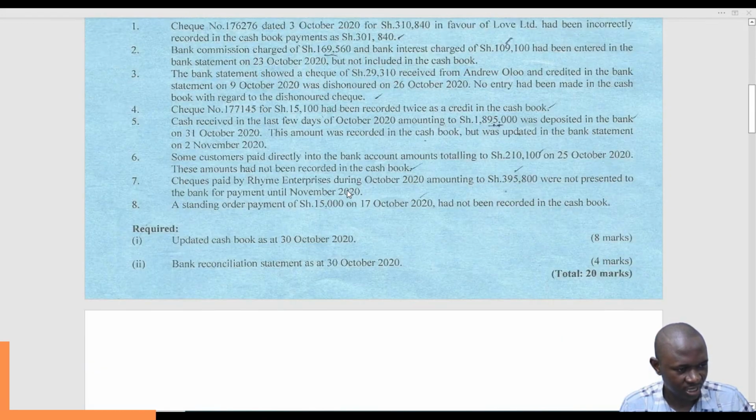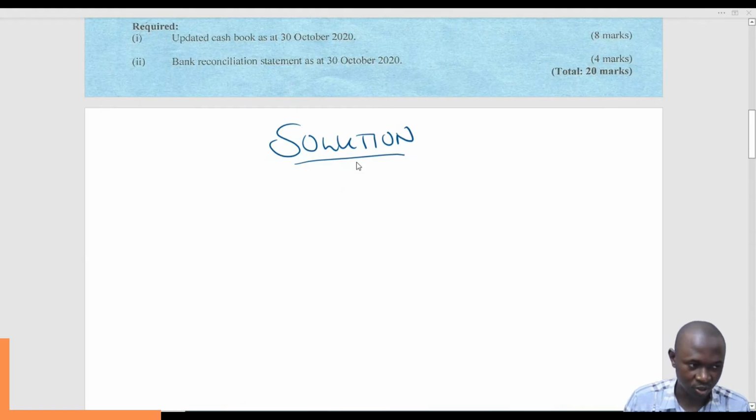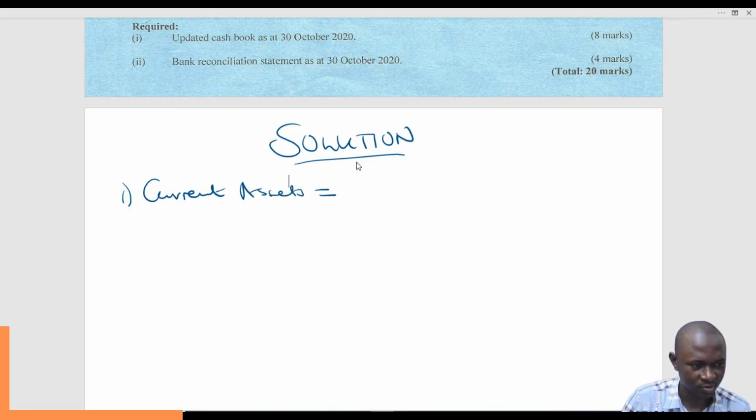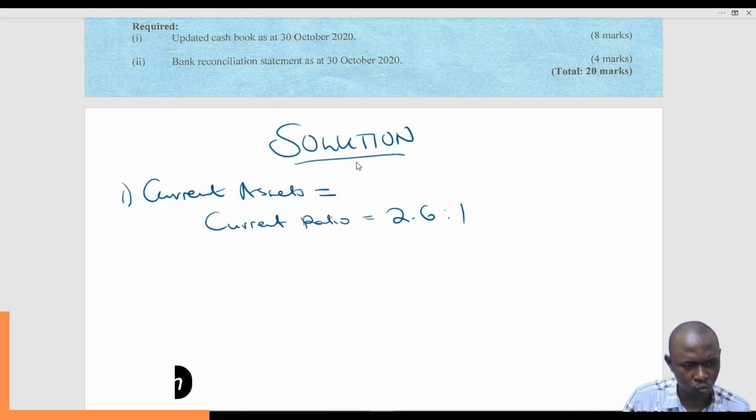The first question is current assets, so let's go straight to the solution. What is expected of us? Number 1, current assets. We can get this from the current ratio, which they have given us as 2.6 to 1.